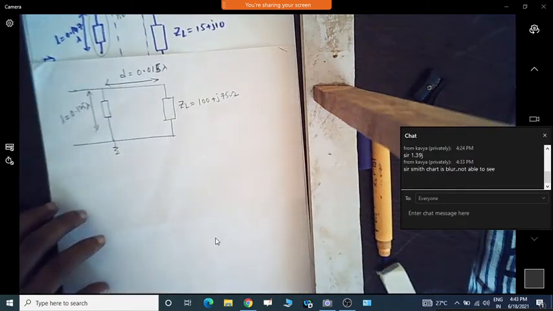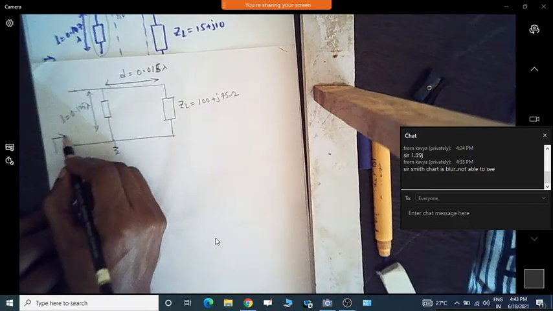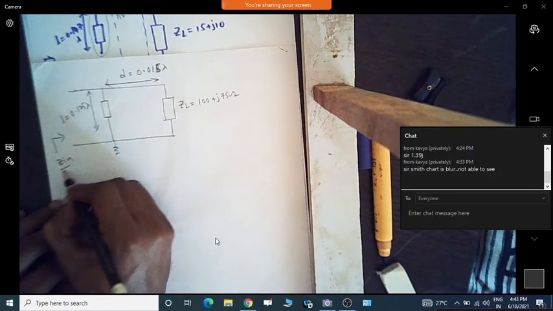Okay, so take that and find out the input impedance.